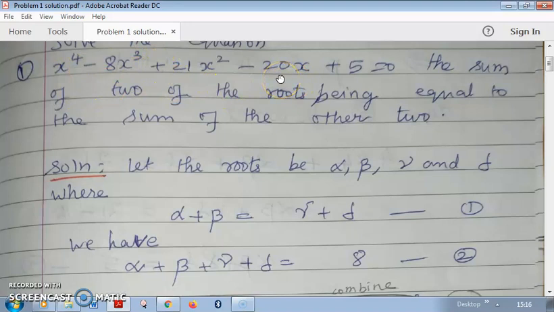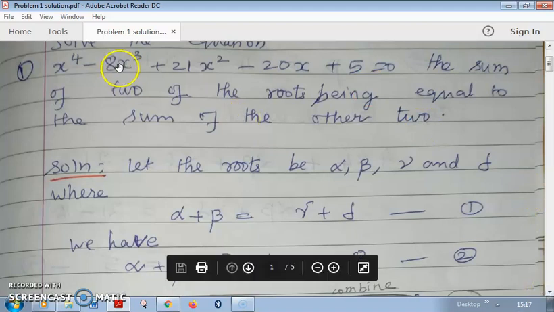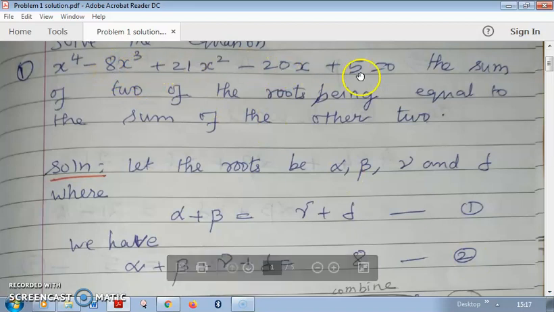The sum of product of three roots will be minus of x coefficient divided by x power 4's coefficient. And the product of four roots taken at a time will be the constant divided by x power 4's coefficient. So plus and minus will come alternately: this will be minus, this will be plus, this will be minus and this will be plus.